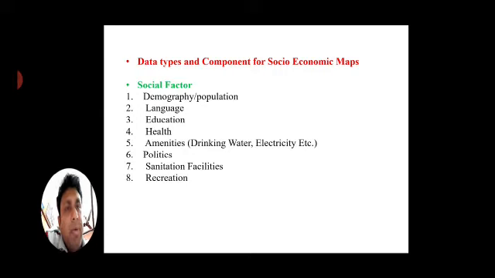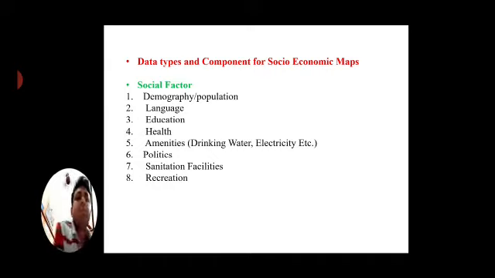There are many demographic components like mortality, fertility, literacy, population density, etc. Another is language.